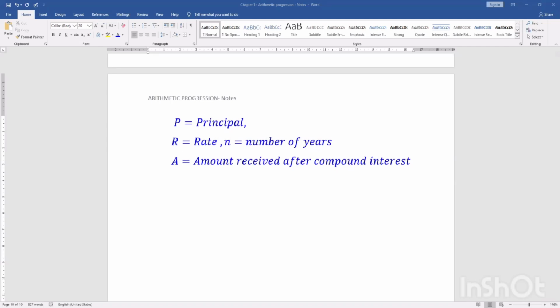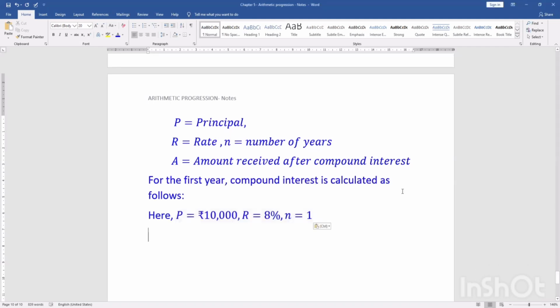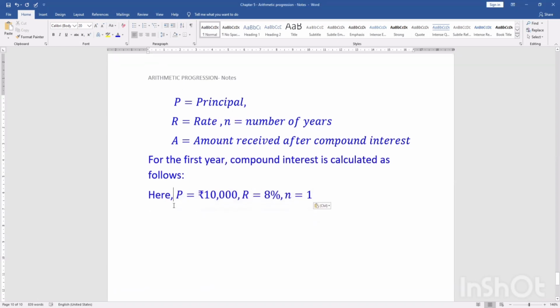Now, for this given problem, we are going to calculate the compound interest for the first year. Here P equals rupees 10,000, R is 8%, and N is equal to 1.